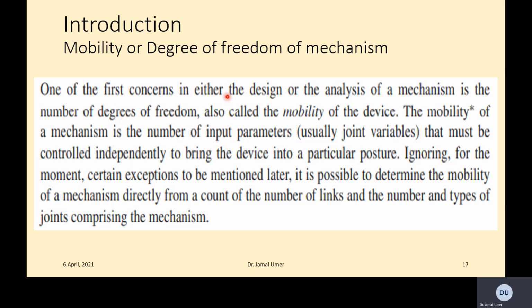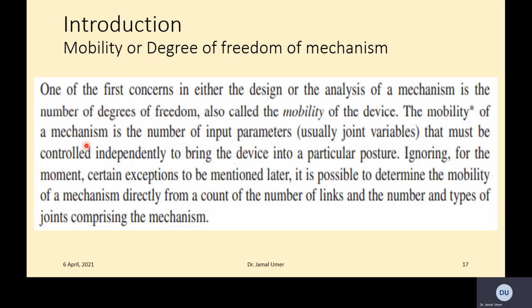One of the first concerns in either the design or the analysis of a mechanism is the number of degrees of freedom, also called the mobility of the device, because the way it moves will be the degree of freedom, but this would also be termed the mobility of the device.